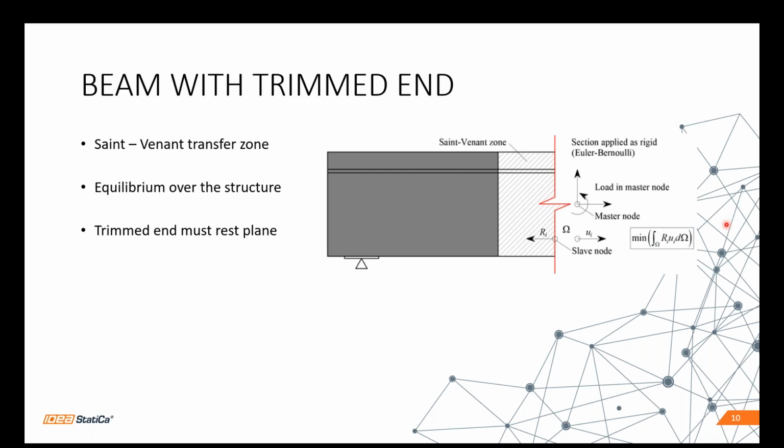This is really necessary to reach equilibrium over the structure, so model the beam with all the loads and internal forces as well. In our case, we are modeling the part of the structure with support. We just need to know the loads and reaction in the support, and the software automatically calculates the value of the internal forces at the trimmed end of the beam.